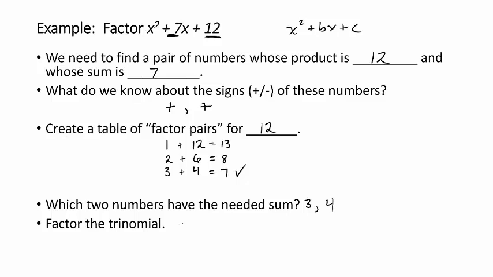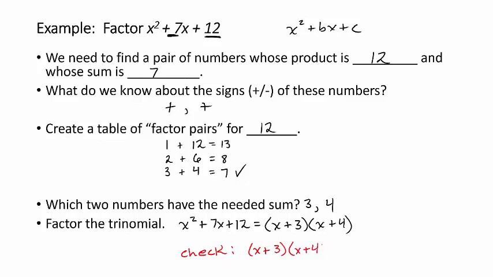That means that x squared plus 7x plus 12 is equivalent to x plus 3 times the quantity x plus 4. And of course, we always check this. You can use the rectangle method or we can just FOIL it. x times x is x squared. x times 4 is 4x. 3 times x is 3x.